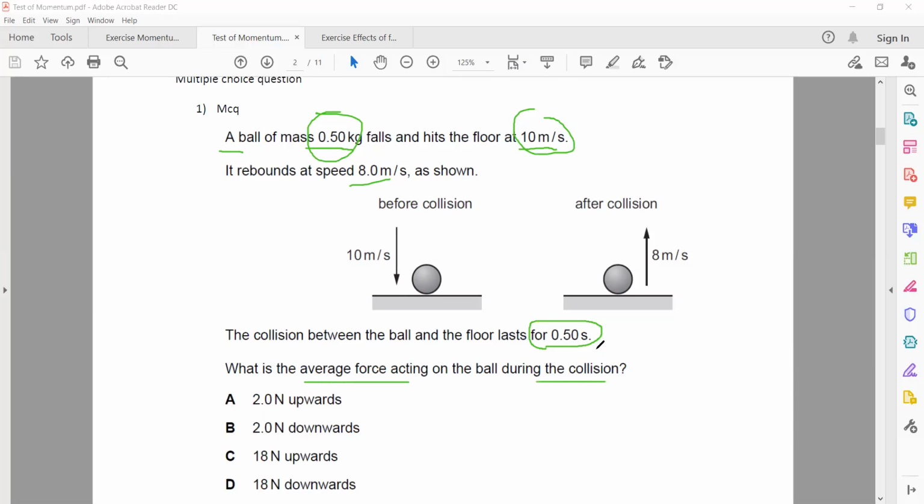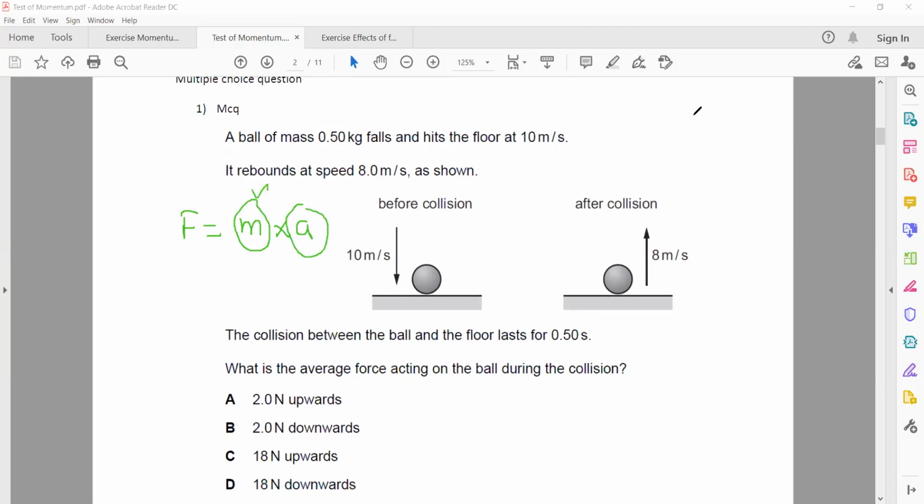How to calculate a force? The formula to calculate force is F equals ma. Force is equal to mass multiplied by acceleration. We have the mass, which is 0.5, but we don't know the acceleration. What is acceleration? The acceleration is the change in velocity, so it's final velocity minus initial velocity divided by time.